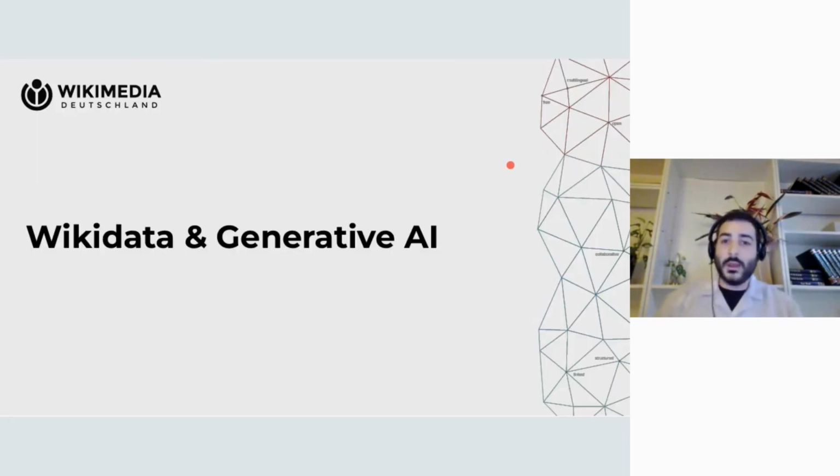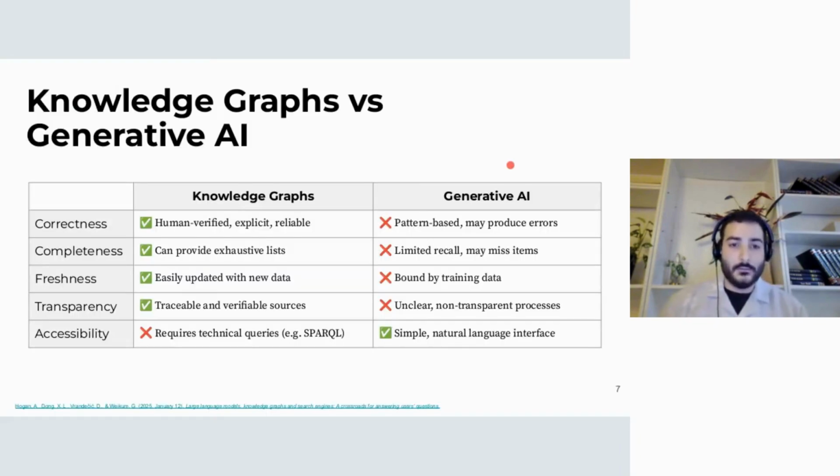Okay. So why do we want to create this connection between Wikidata and generative AI? To better understand the reasoning behind it, I thought I would first share with you the differences between knowledge graphs and generative AI. First of all, in terms of correctness, knowledge graphs have human verified information.